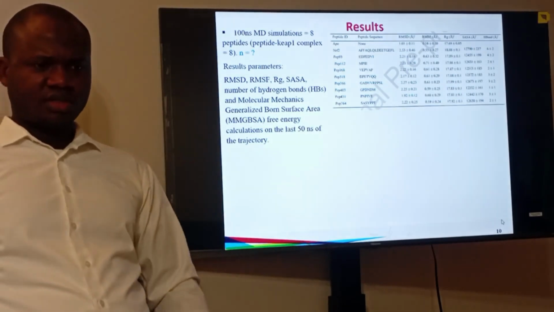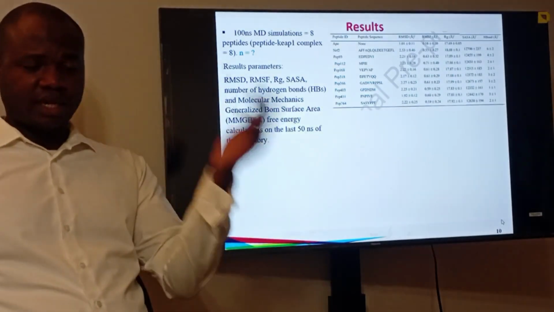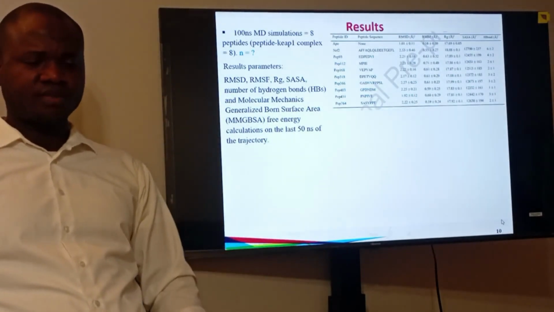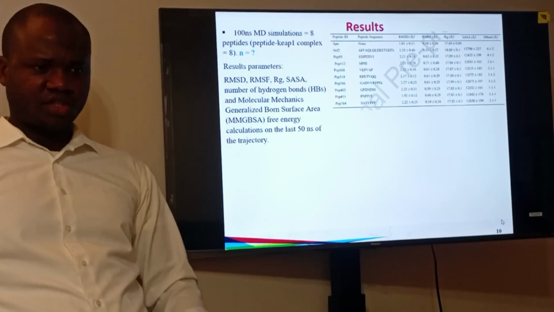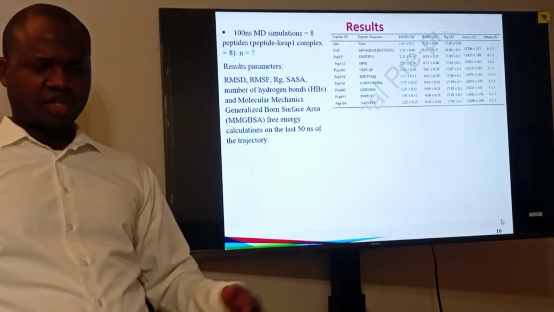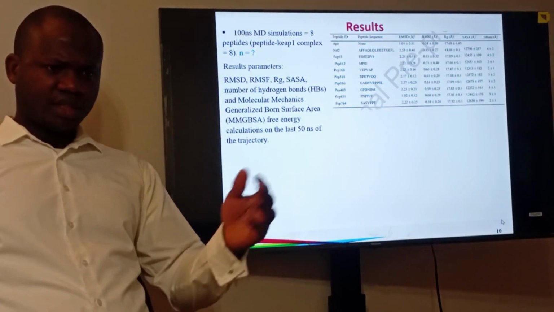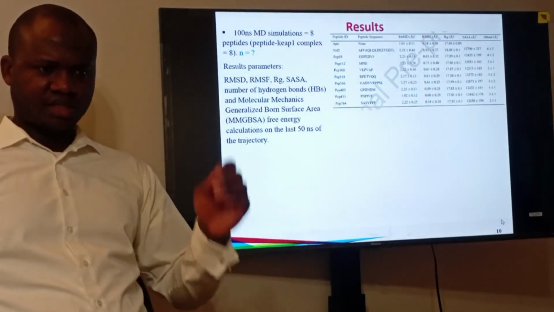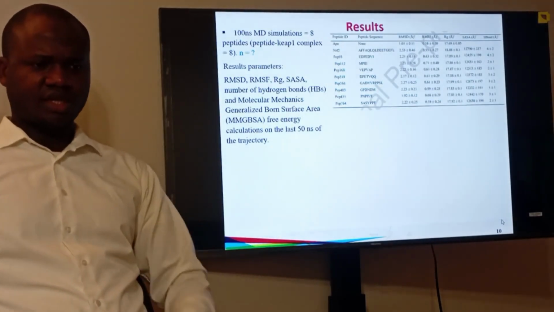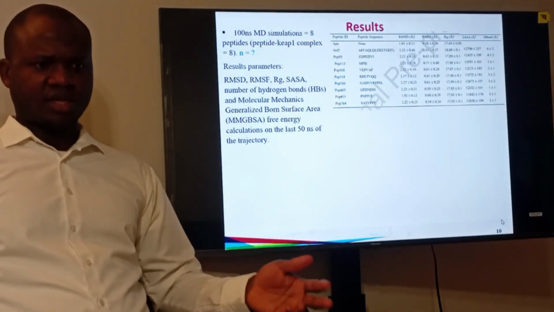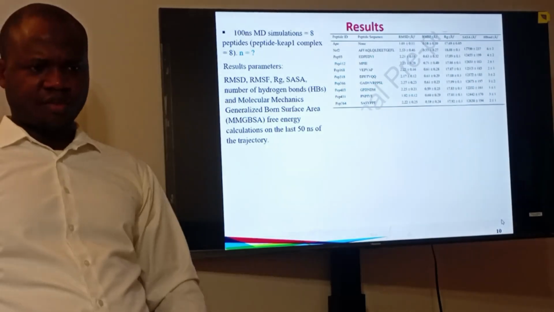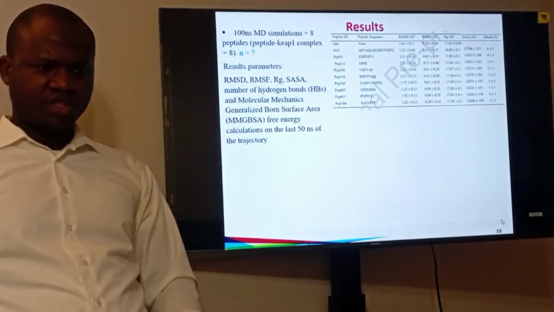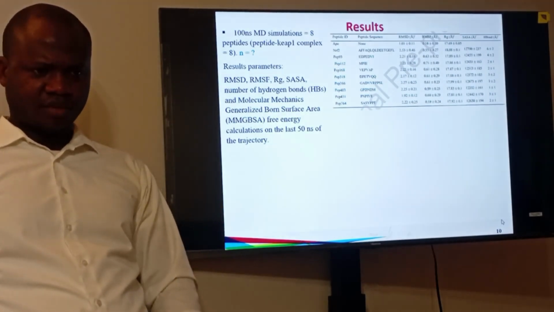So for the results that they obtained, they analyzed the trajectory, the output of the MD simulation. They analyzed the trajectory for RMSD, root mean square deviation, and RMSF, root mean square fluctuation. Then they analyzed the radius of gyration, the SASA, solvent accessible surface area, then the number of hydrogen bonds, and they conducted MM calculations to determine the binding free energy of each of these peptides.